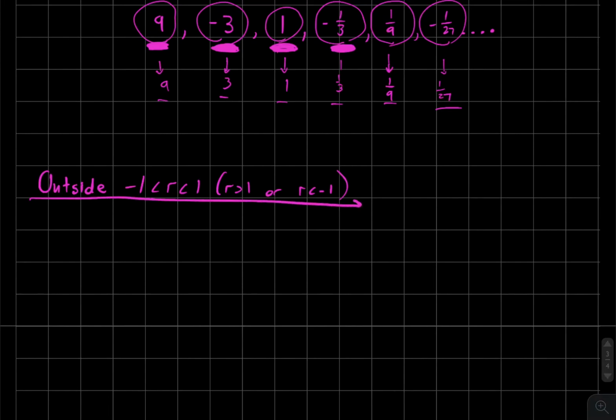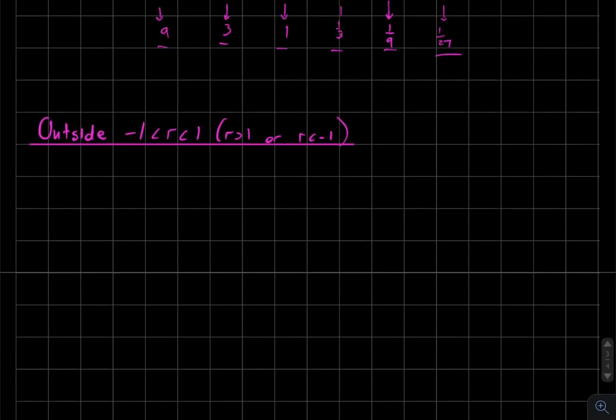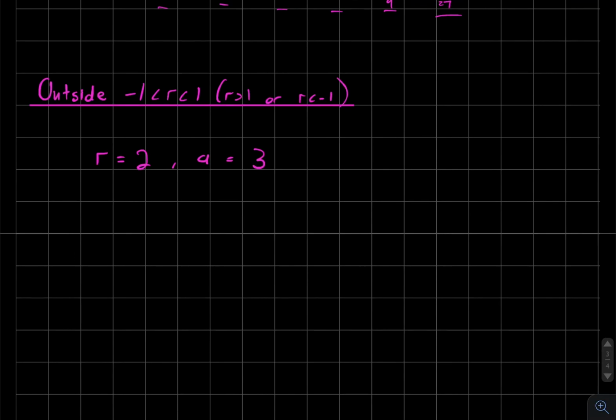Okay, so there are plenty of examples of this. Let's say r is equal to 2 and a is equal to 3. So we would have a sequence that looks like this: 3 times 2, 6 times 2, 12 times 2, 24, 48, and so on. So we see that the sequence is increasing. Okay?